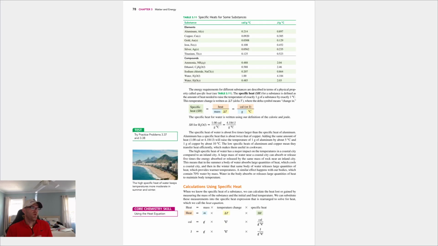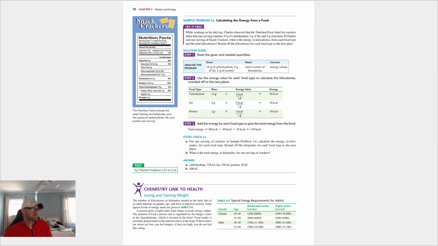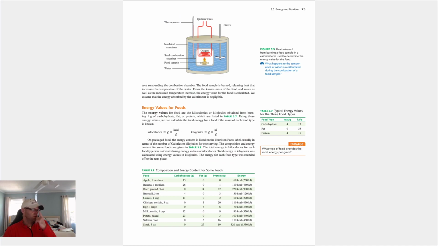Another interesting point to point out, so let me go back to this calorimeter. So we just said that the specific heat of water is the amount of energy it takes to raise 1 gram of water by 1 degree Celsius, okay? So if I know how much water is in this calorimeter, and I know what the temperature change was, and I know that 1 calorie is equal to 1 gram changing by 1 degree, I could set this up so that I can determine how much energy was gained by the water, right?